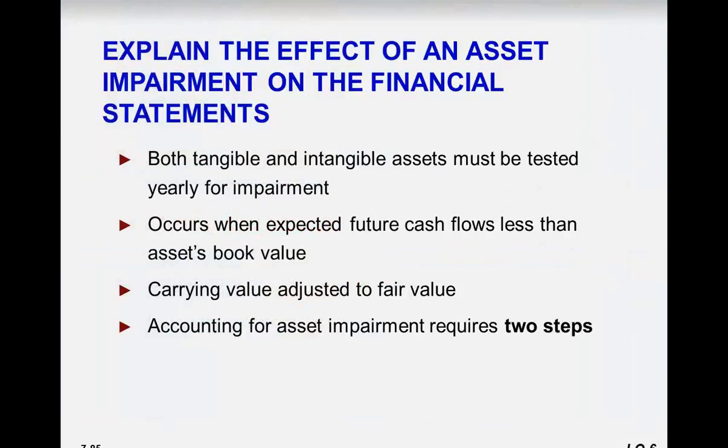And the last topic we'll touch on is the effects of asset impairments on the financial statements. Both tangible and intangible assets must be tested yearly. Impairment occurs when expected future cash flow is less than an asset's book value. The carrying value is adjusted to its fair value, and accounting for an asset impairment requires 2 steps.